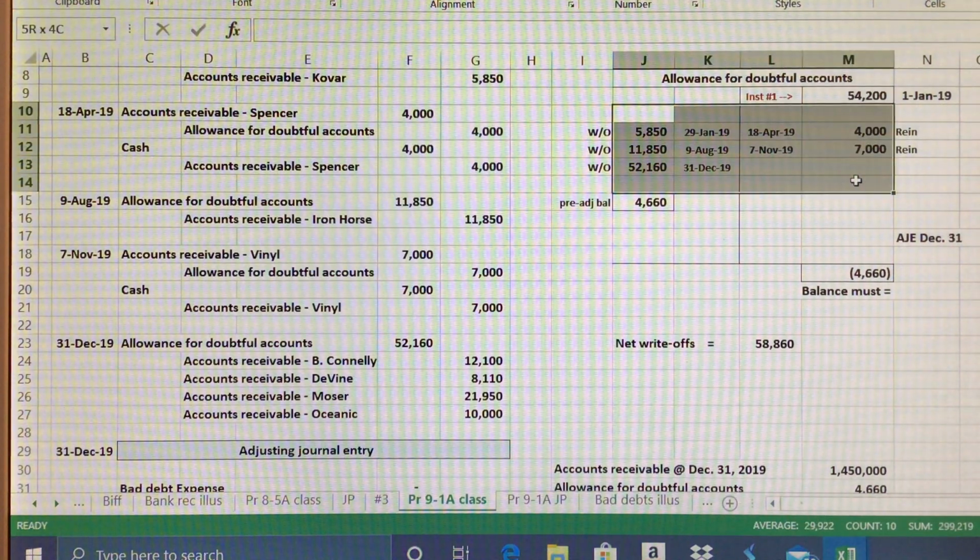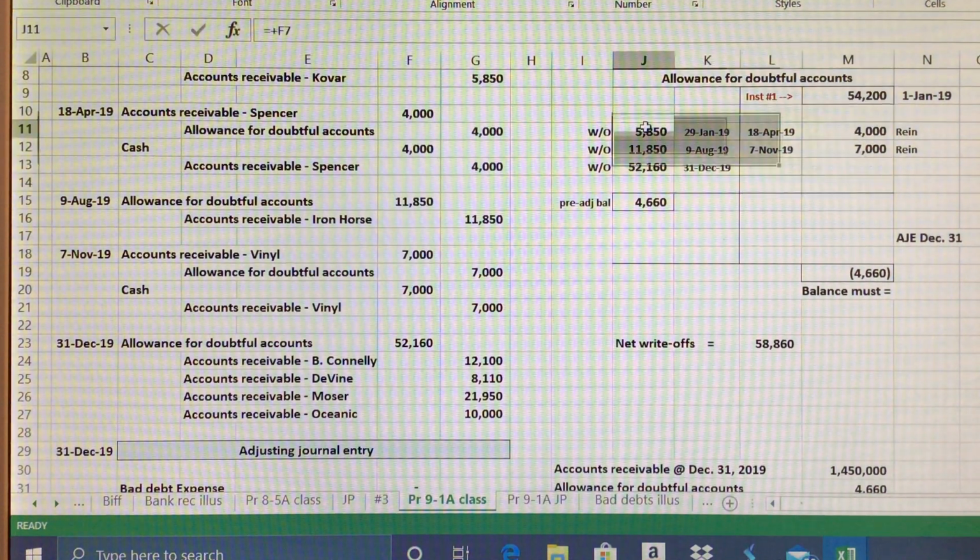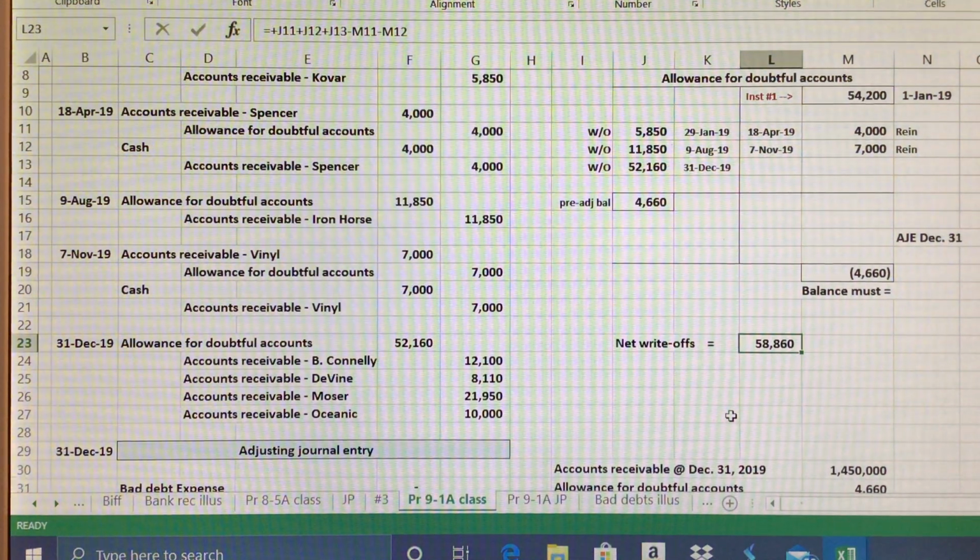So if you net out all this stuff here, these being the write-offs and these being the reinstatements, it nets out to this number, 58,860, which is greater than the guess. That's an estimate, right? 54,200.